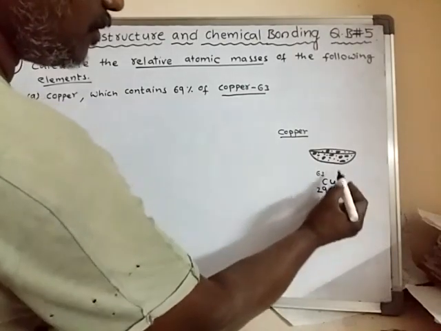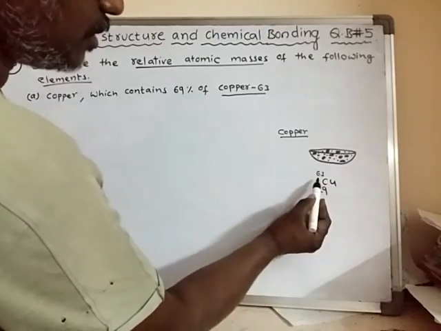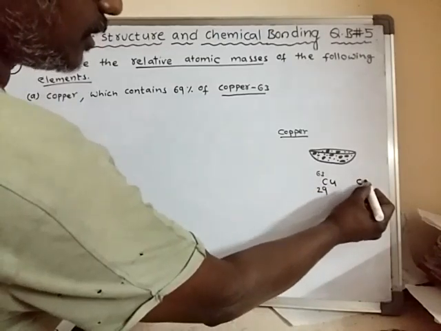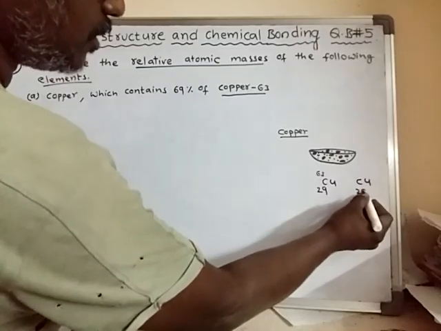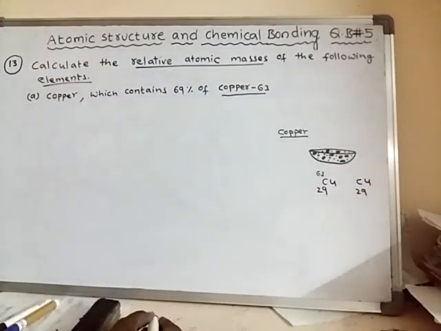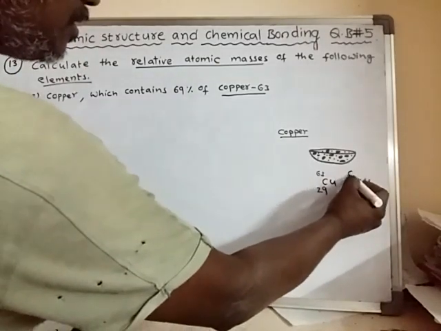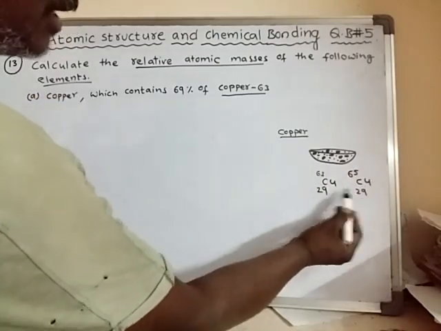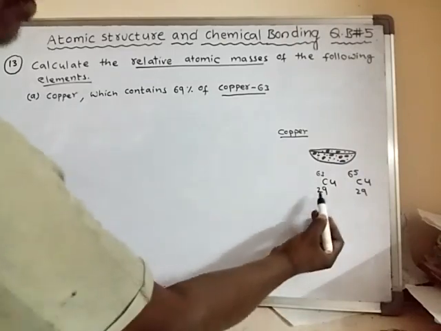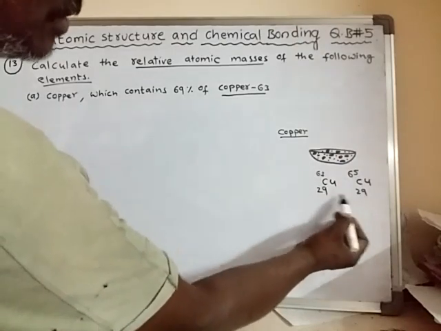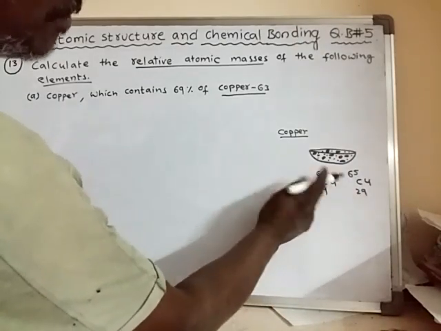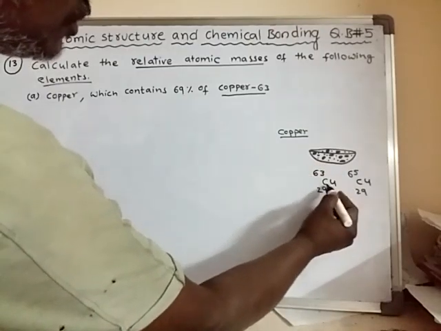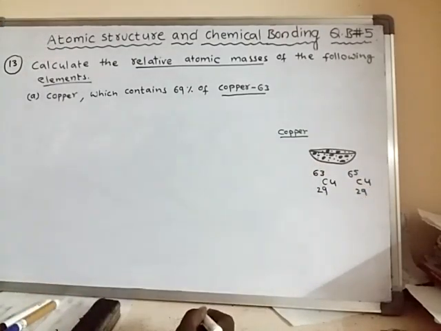One type is copper 29, 63, and another type is copper 29 and 65. These two are atoms of the same element, copper. They have the same atomic number, but they differ in their masses. Hence these two are said to be isotopes of copper.